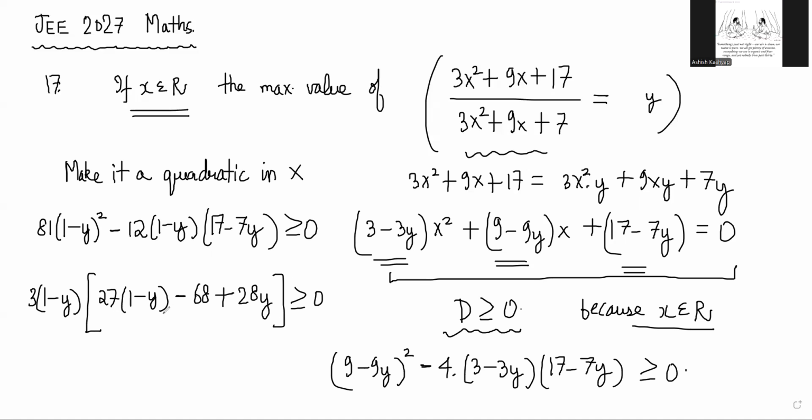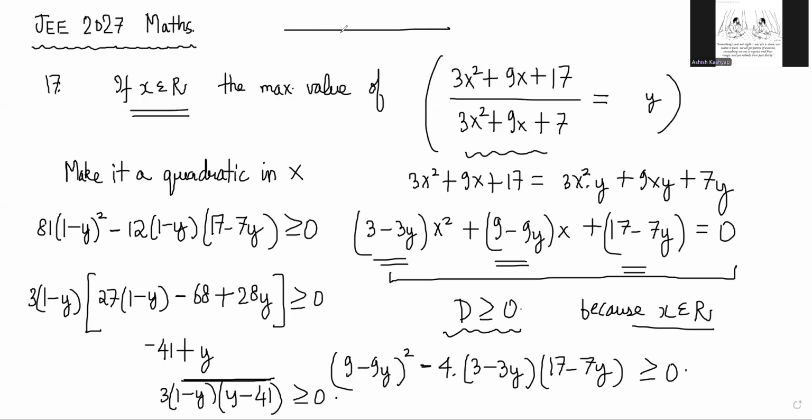So this you will simplify: you will get 27 minus 68, so minus 41, minus 27y and plus 28y, so plus y. So you are getting 3(1 − y)(y − 41) ≥ 0. By the wavy curve method, we put 1 here and 41 here.